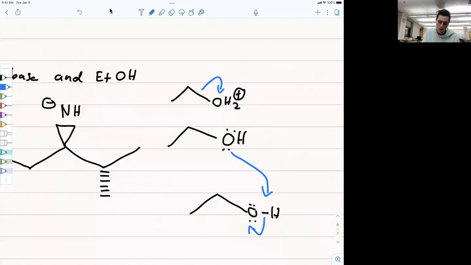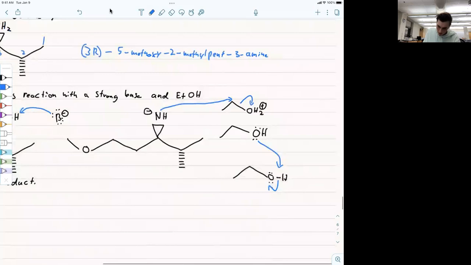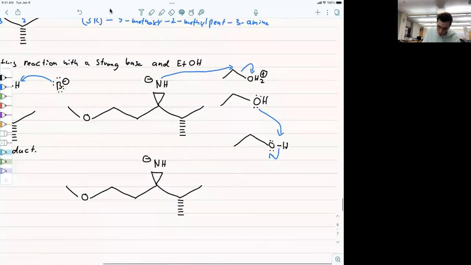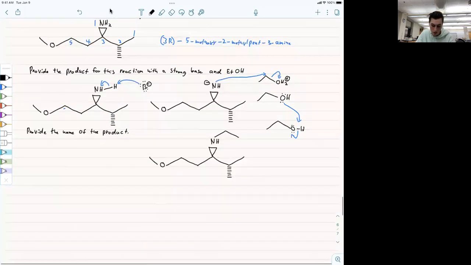So this is going to leave, and then this is going to come onto that carbon. And what you'll end up with is this. Now nitrogen has its 3 bonds back. It's really happy. So this is going to be our product.